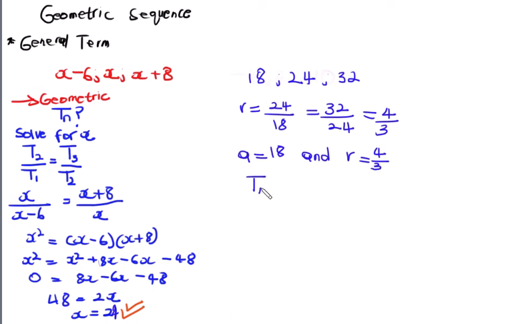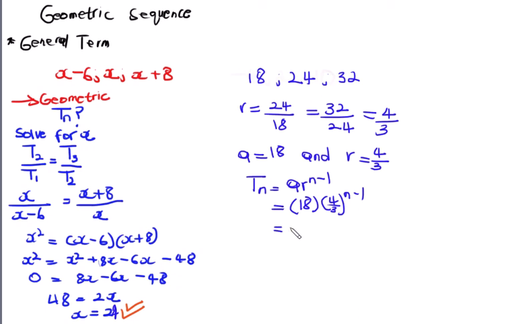So Tn is equal to, we know the formula, a times r to the power of n minus 1. a is 18, so we have 18 multiplied by 4 over 3 to the power of n minus 1. Is there any way we can simplify this?